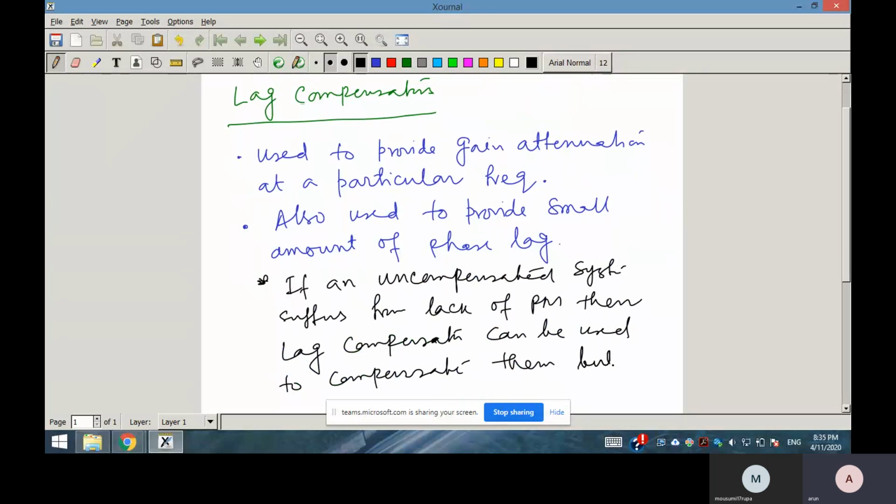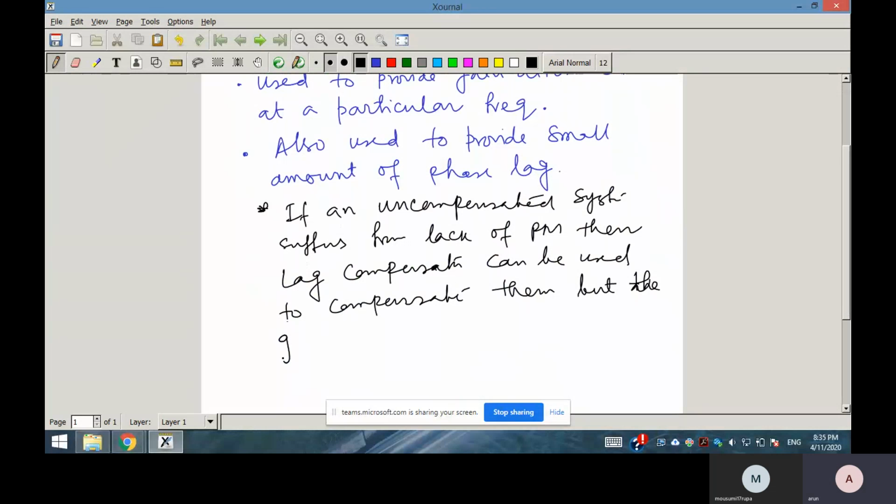But in this process, the gain crossover frequency is reduced, so the GCF or speed of the response is reduced.